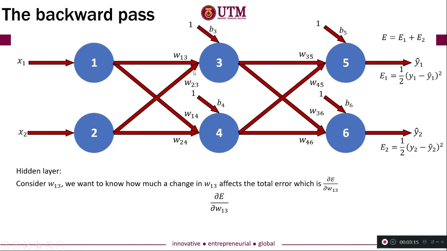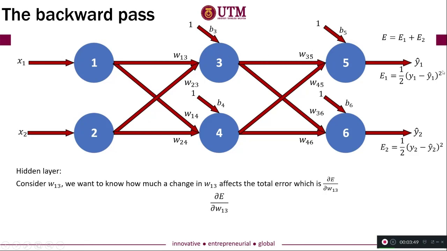This one is a little bit complicated in terms of generating the expression, still using the chain rule, because now the chain rule is a little bit long compared to finding the gradient of every parameter at the output layer. To relate W13 and E is a little bit long: you need to cross the output layer parameters first before you can arrive here.